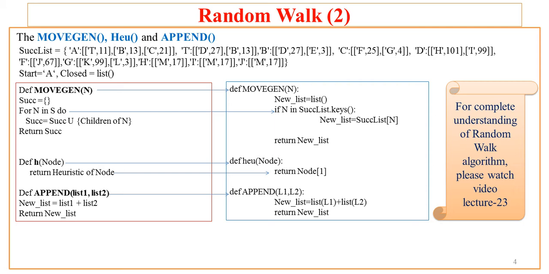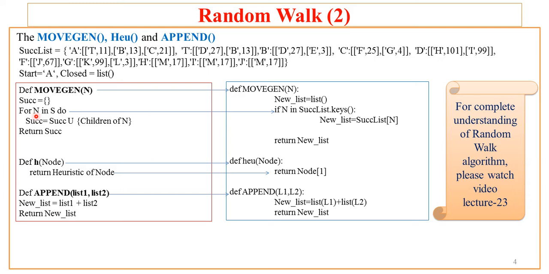Now here MoveGen function is used to get the child node or children of the given node n. Now here the algorithm takes the node n, it creates the temporary list SUCC list.